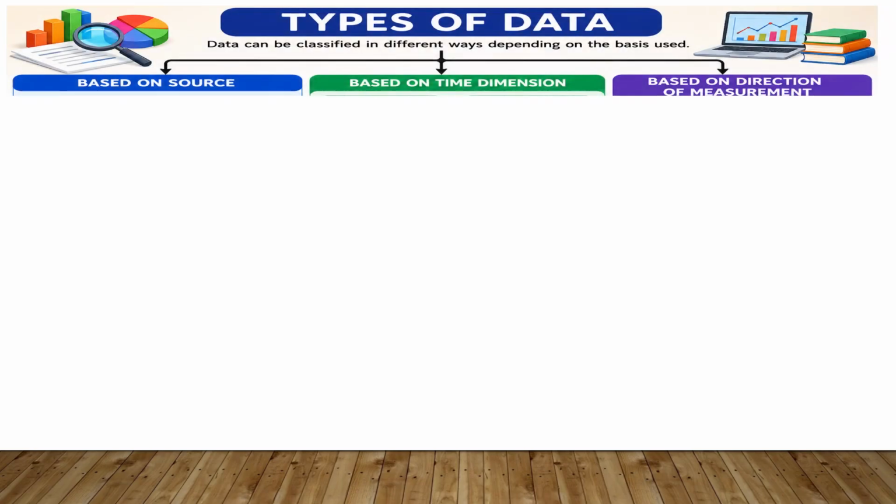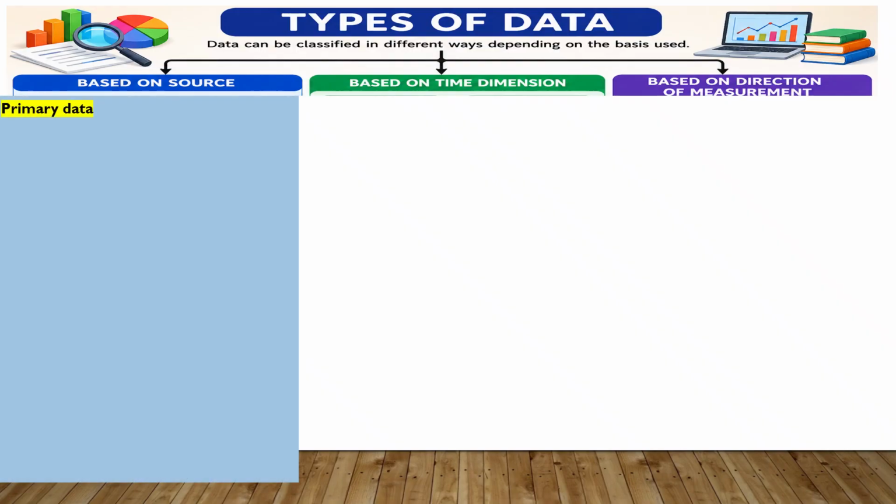We now reach the last concept of today's video, that is types of data. Let's see how data can be classified based on its source, time of collection, and nature. Primary data is the data collected first-hand by the investigator or researcher for a specific study.